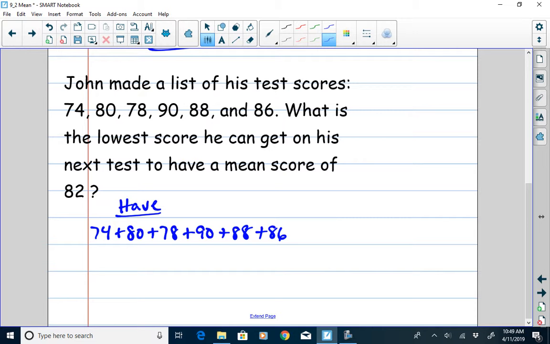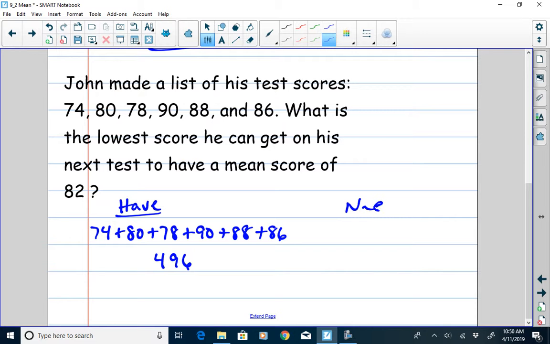So we have to find that total. We have a total of 496. That's what we have.